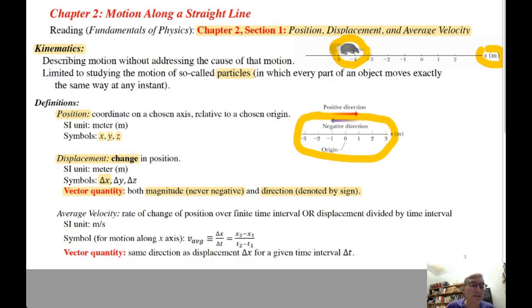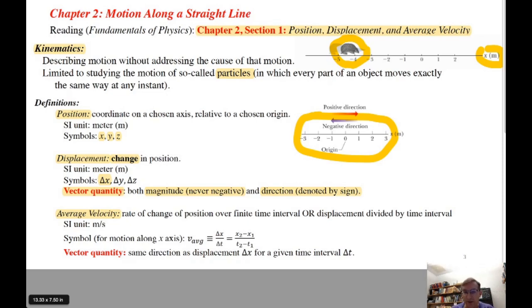Now let's go to our next quantity that we find useful to define when we're studying or describing the motion of a particle. And that next quantity is defined to be average velocity. Now we're starting to expand our horizons a bit. Not only do we want to keep track of how much a position has changed, but how rapidly has that position changed.